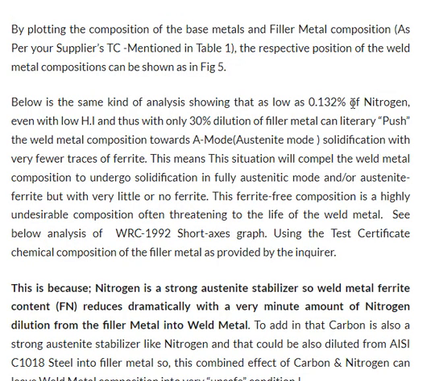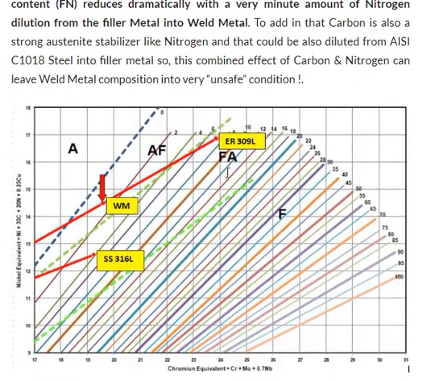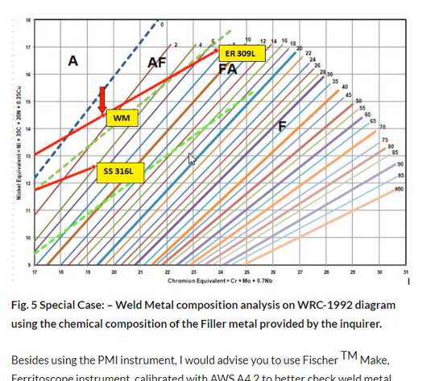By plotting the composition of the base metal and filler metal as per the supplier test sheet given in Table 1, the respective position of the weld metal compositions can be shown in this Figure 5. This figure 5 is a special case.